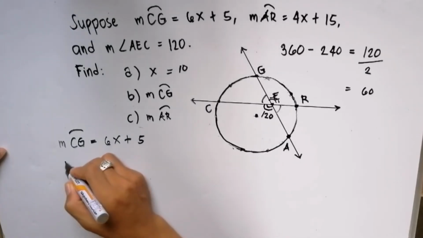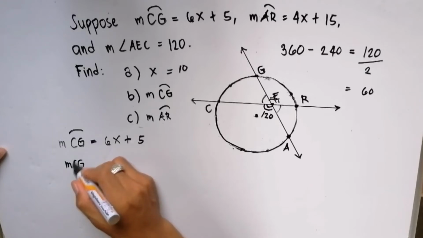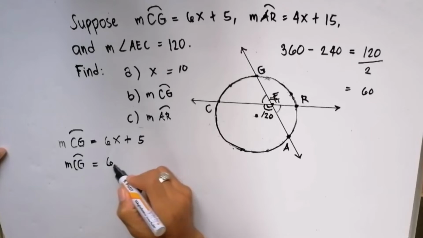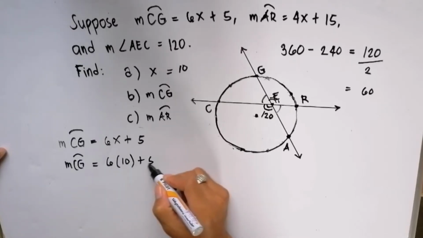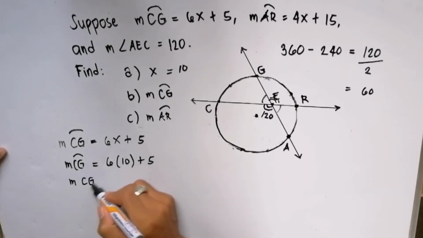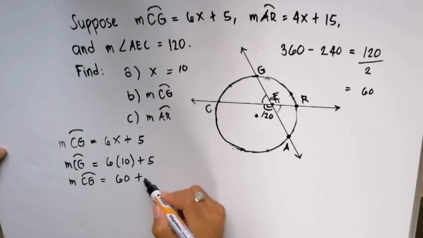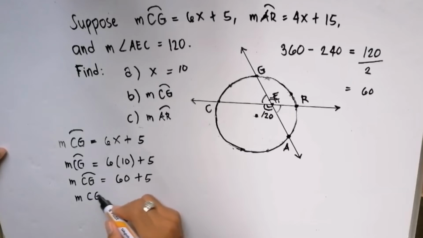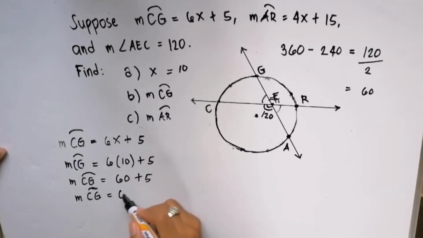So we have the measure of arc CG equals 6 times 10 plus 5. So the measure of arc CG equals 60 plus 5, so that is equal to 65.